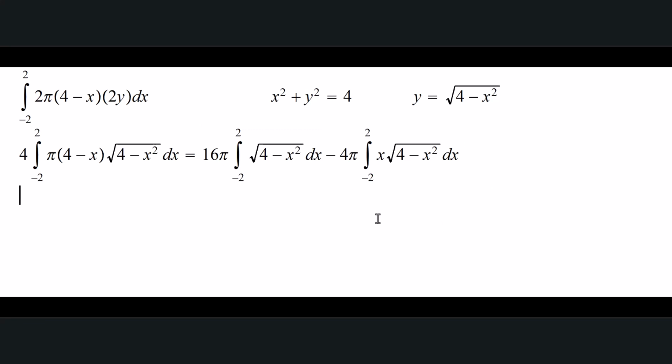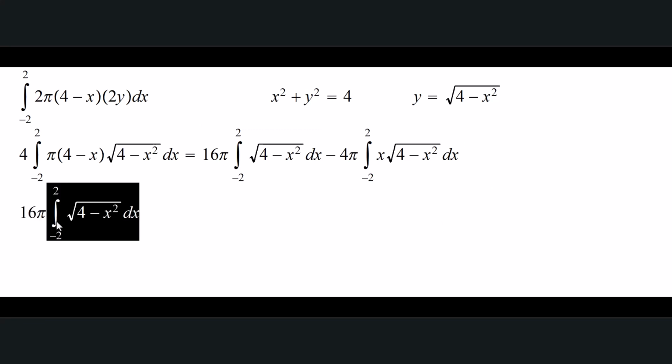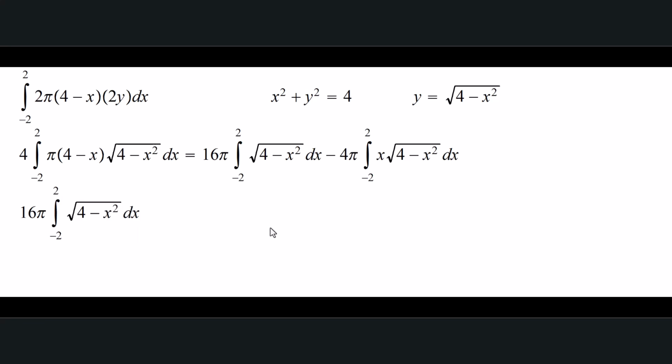If you look at it, first let's compute this integral here. What we can notice is that this part right here is the area of the upper half of that circle. Which circle? x squared plus y squared equals 4, a circle of radius 2. So let's use that fact here.